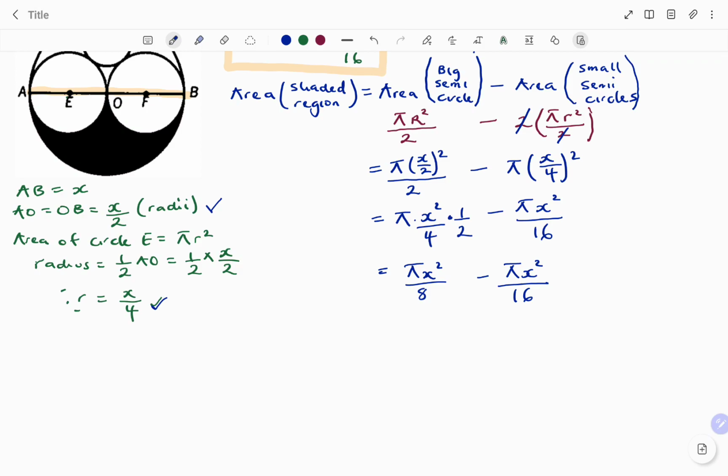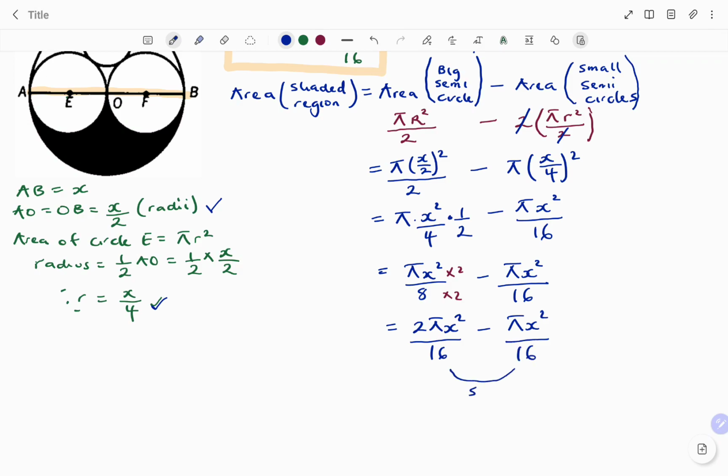Because the denominators are different, the LCD will be 16, so I need to make the left hand fraction have a denominator of 16. So I'll multiply both the numerator and the denominator by 2. What I will have is 2 pi x squared over 16 minus pi x squared over 16.